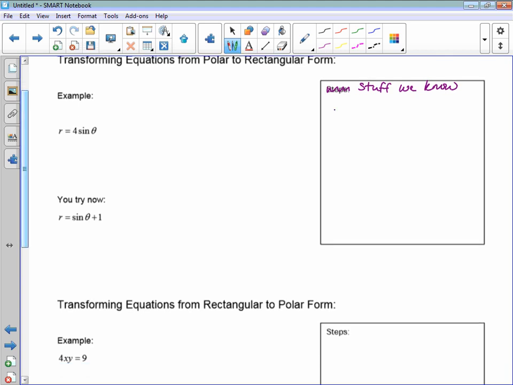What does x equal? What's something you learned today that x is? R cosine theta. What does y equal? What is r going to equal? So what is this?